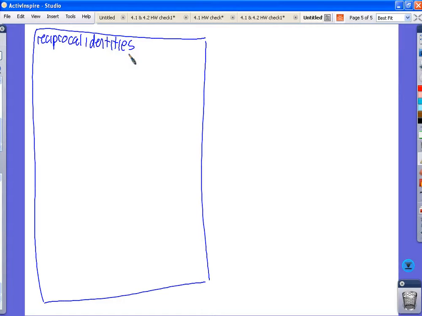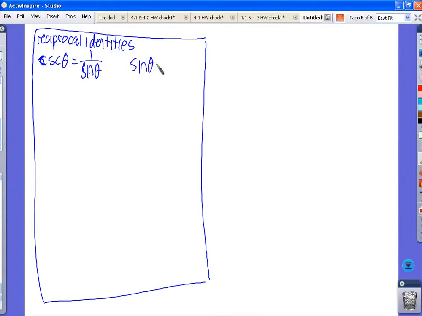These ones, reciprocal identities, we've already talked about. They say that, let's say the cosecant, start out with that. The cosecant is equal to the reciprocal of the sine, 1 over the sine.